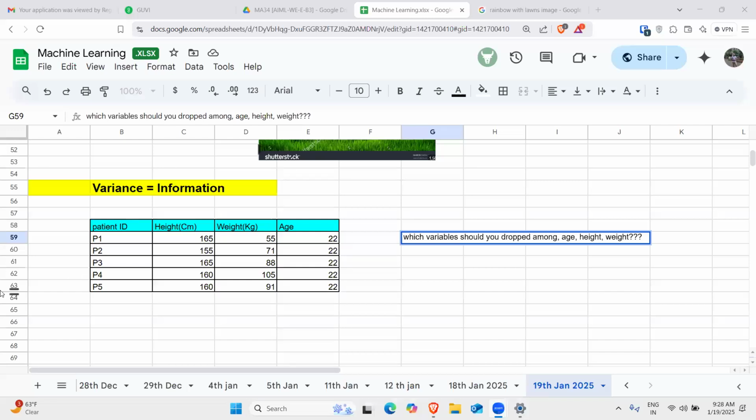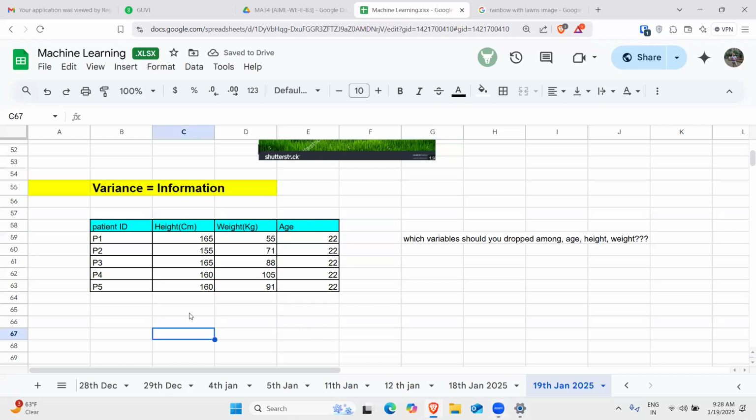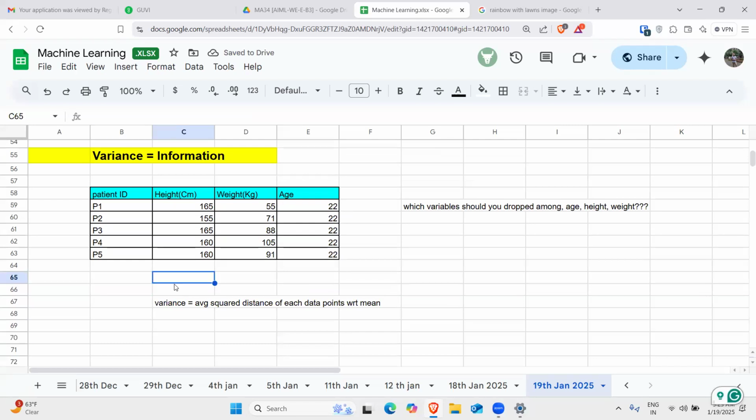So what I'll do is try to find the variance of these columns, right? What is your understanding of variance? It is nothing but the average squared distance of each data point with respect to the mean. So we'll find the mean first, or we have a direct formula, no?